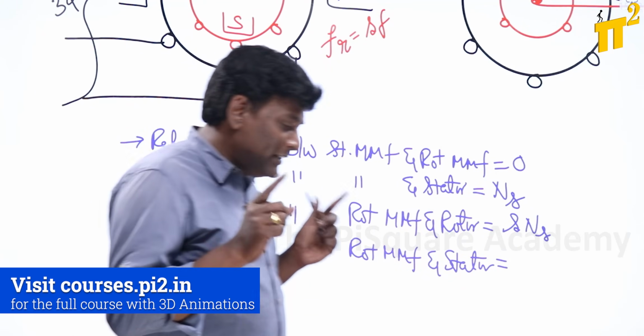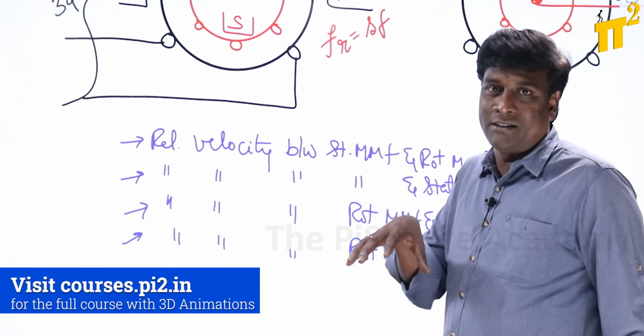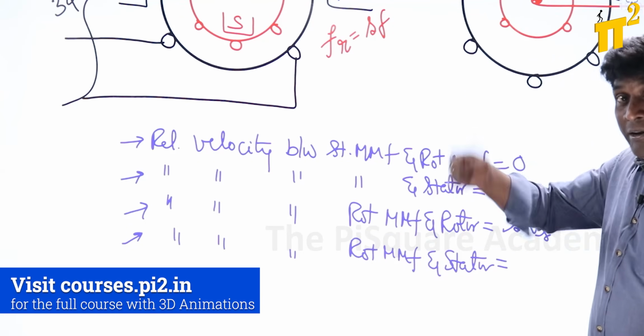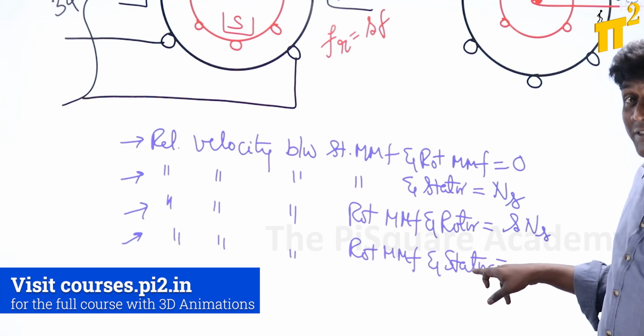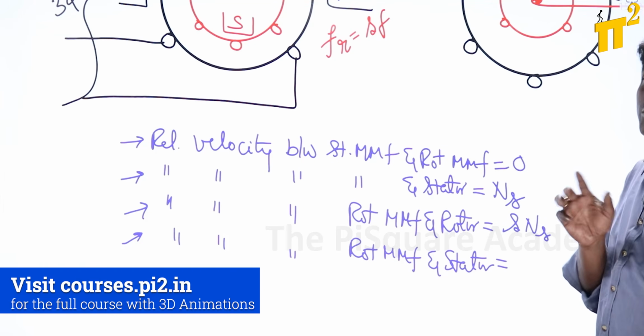The moment they ask you any question, you have to observe the physical parameter, the physically existing point. Rotor MMF is going to be rotating, but what is the physical existing point here? Stator. Are you sitting on the stator or rotor? You have to focus.